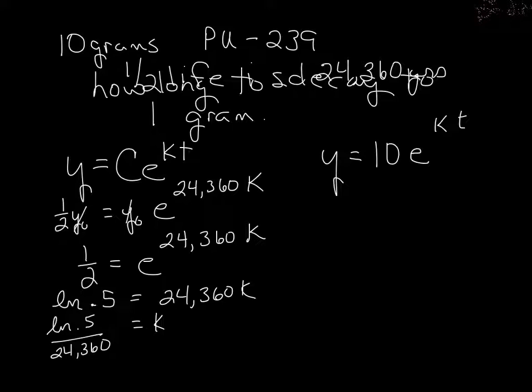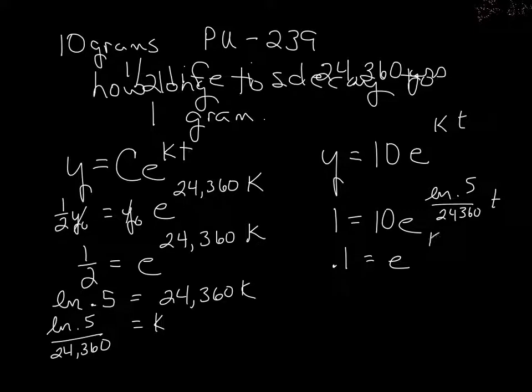Okay, we want to know how long is it going to take to decay to 1 gram, so 1 equals 10e^((ln(1/2)/24360)t). So that's 1/10 if we divide out the 10. Just for time, I'll do kt again. To solve this, what are we going to do?